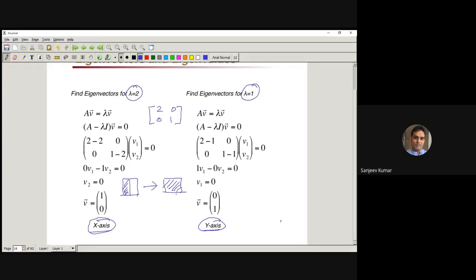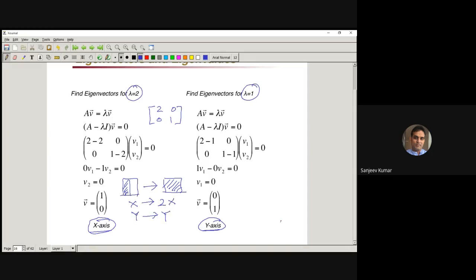So now can you find a relation between eigenvalues and eigenvectors and the change made by the transformation in the object? What kind of change am I getting? x is going to 2x and y is going to y.